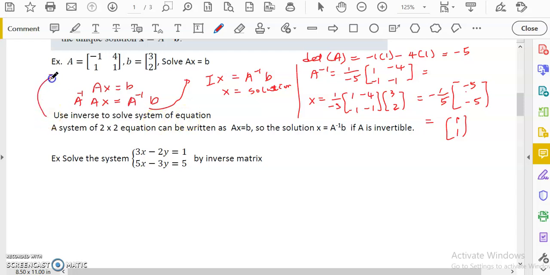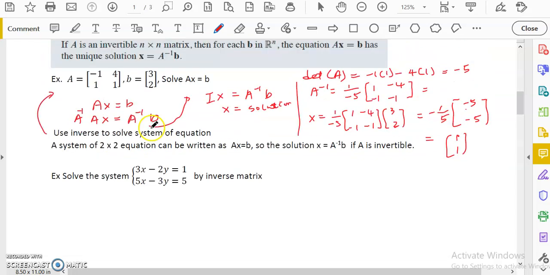That is the process. The process is: find the determinant of A, find the A inverse, then X is A inverse B, because you multiply A inverse on both sides. So you get A inverse times B. This is the solution.